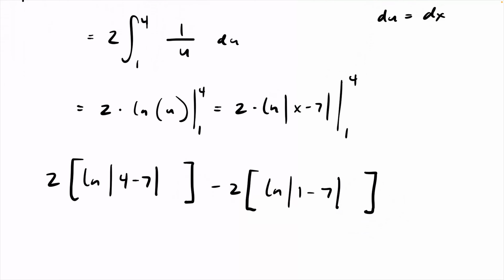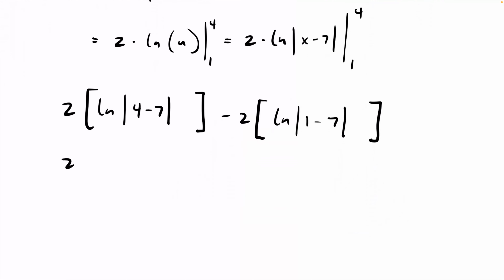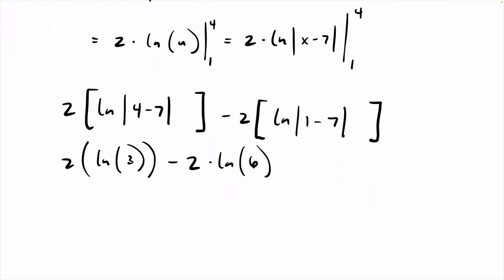So we get 2 times the natural log of 3, right? Because it's going to be negative 3, but absolute value is positive 3. Minus 2 times the natural log of 6, right?